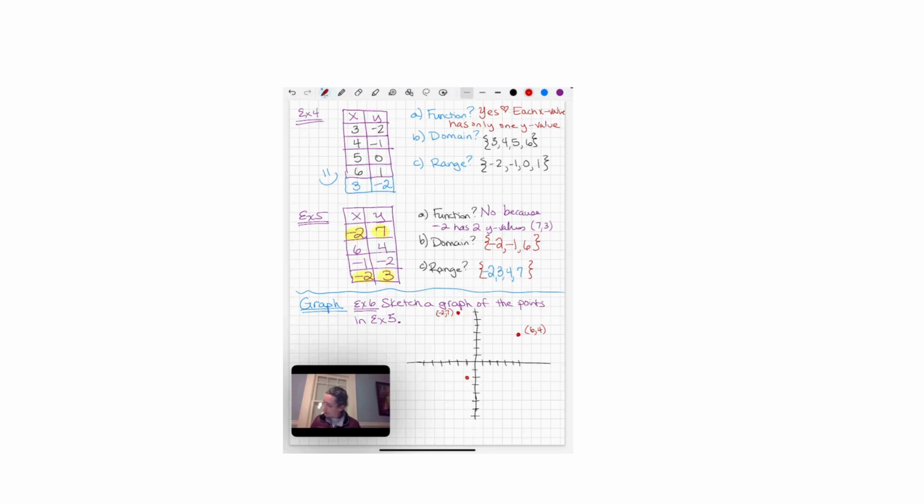That point. Sketching our little graph, labeling our points, and we'll talk about it in a second.